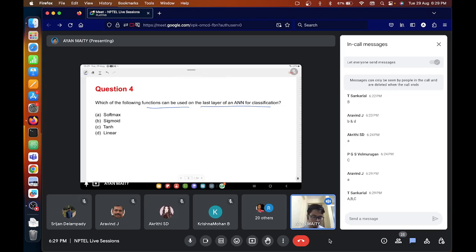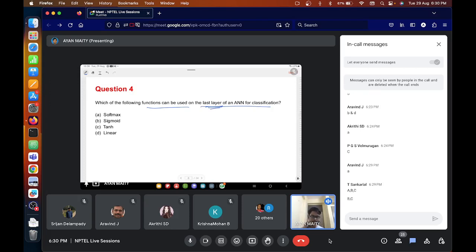Arvind is saying option A, Sankarlal is saying A, B, C. So only in the last layer we are talking about, that for classification using a neural network, which activation functions can be used in the last layer.